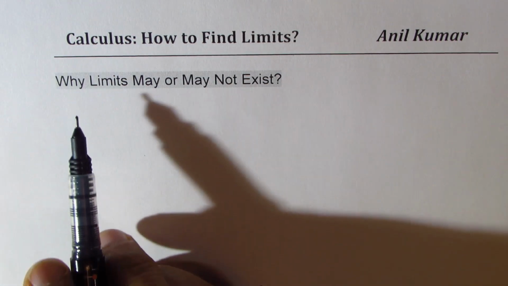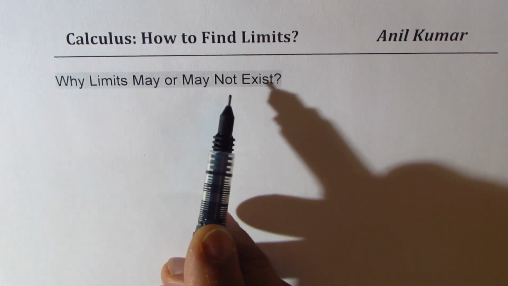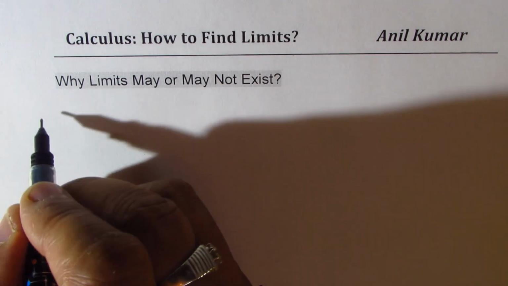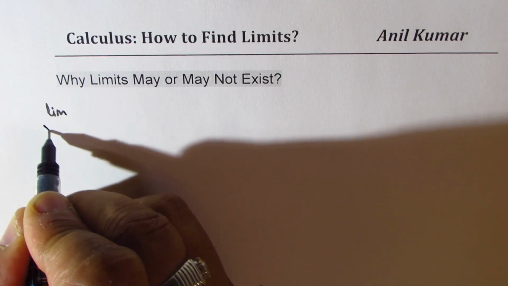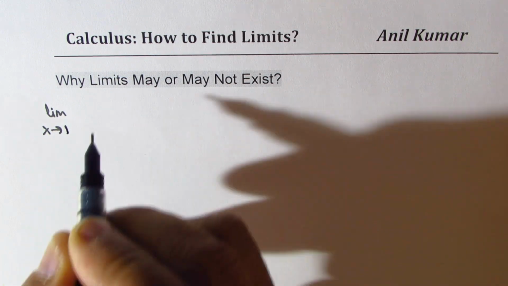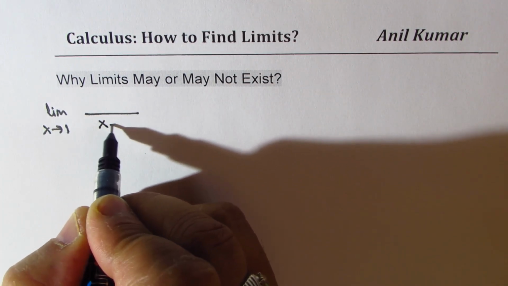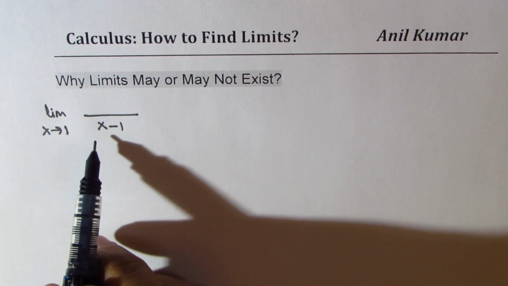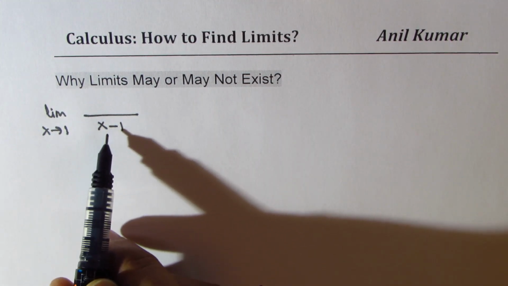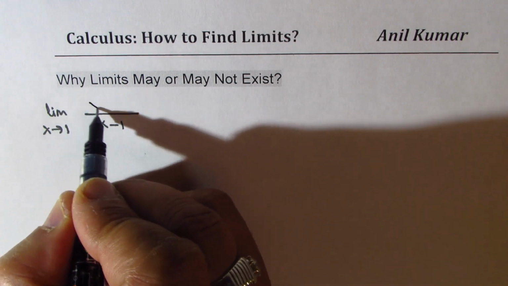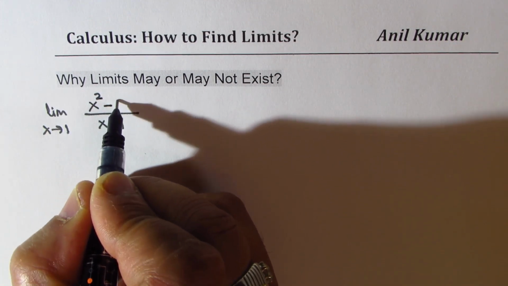Now let's see why limits may or may not exist. Okay, so let's take a few functions here. Let's say the limit when x approaches 1. Let me write the function as x minus 1 in the denominator. That means if I substitute 1, it is not defined there. However, in the numerator, I'm writing x squared minus 1.